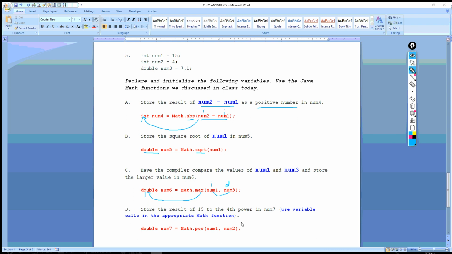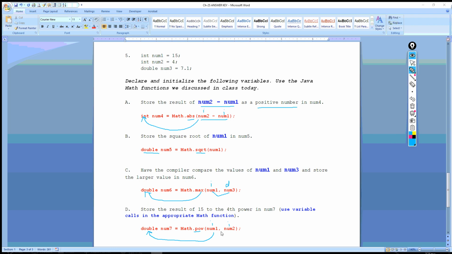Okay, and the last one, we are going to raise 15 to the 4th power. So we use the pow method. Now num1 is an int, and num2 is an int, but the pow takes this 15, and this is 15 to the 4th power, but it always returns a double.